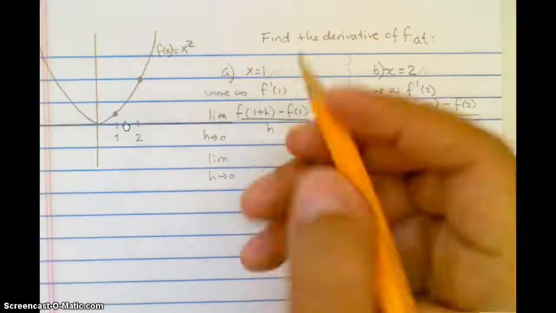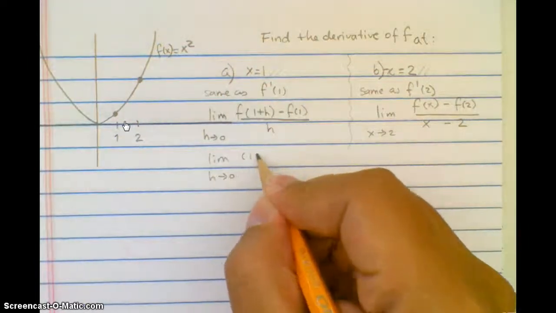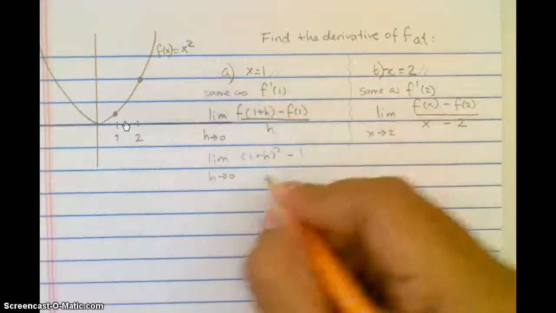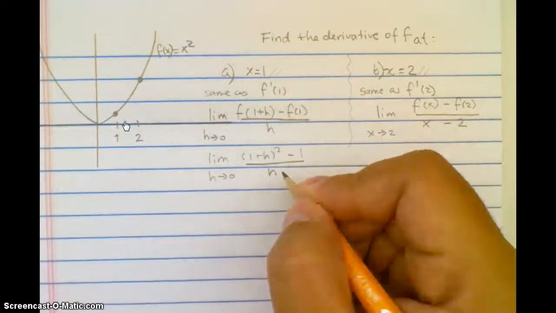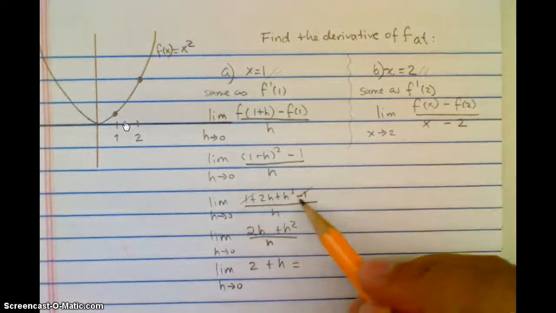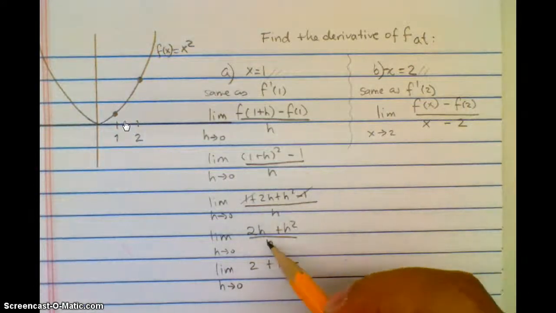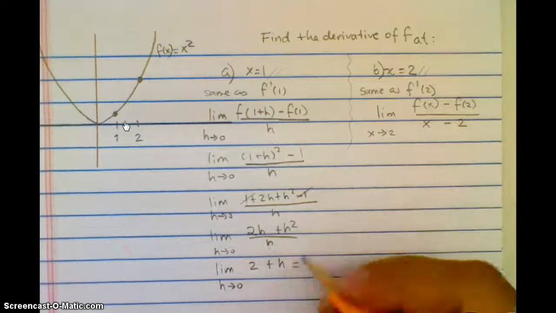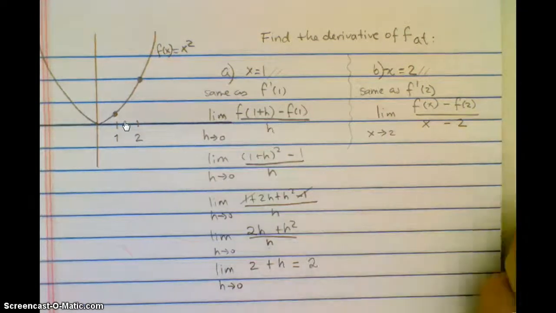F happens to be x squared, so I have (1 plus h) squared minus f of 1, which is 1, over h. As I evaluate, the ones cancel out, and then I divide h by each term, so the limit as h approaches 0 of 2 plus h is simply 2.